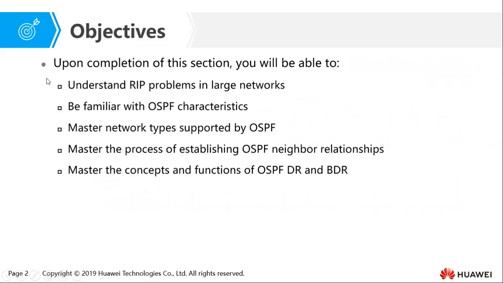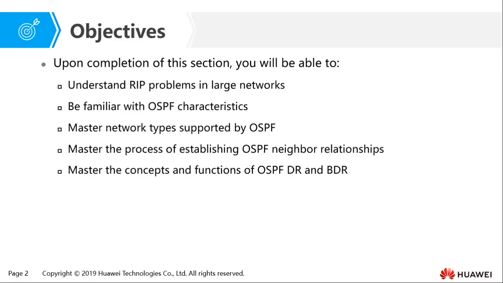So let me request John to read for us the objectives. By the end of this chapter, you should be able to: one, understand RIP problems in large networks. Two, be familiar with OSPF characteristics.